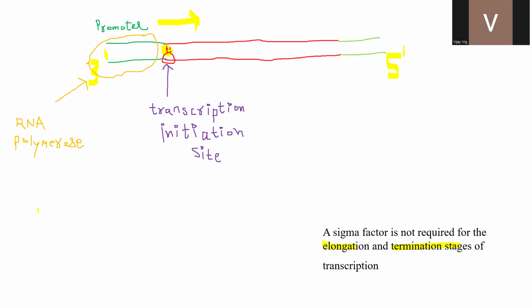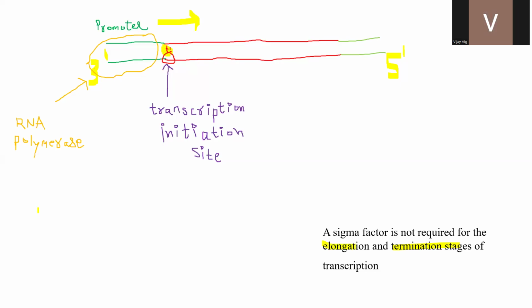So in this video, we have begun with the transcription in bacteria. Initiation of transcription in bacteria. We have seen how a gene is divided into three parts: promoter, RNA coding sequence, terminator. We have seen the significance of promoter sequence. We have seen the consensus sequence, -35, -10.